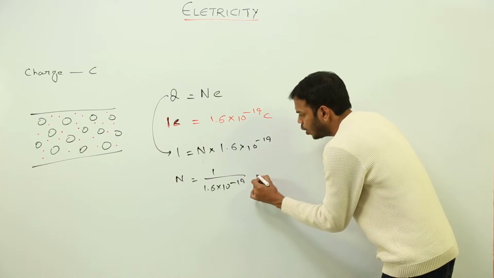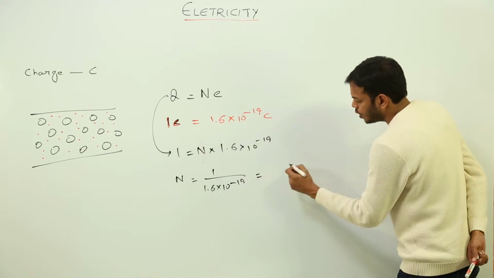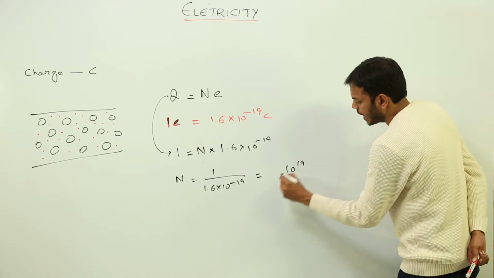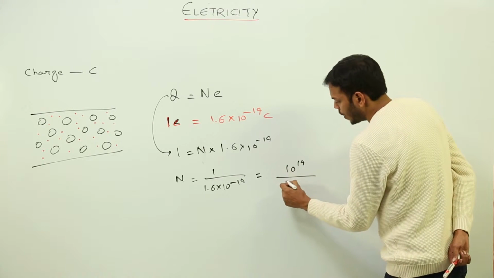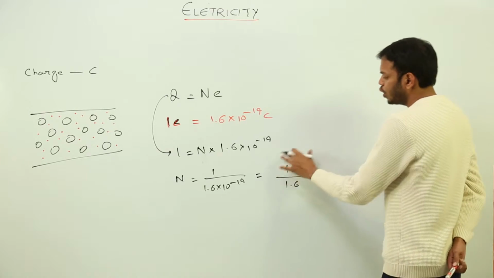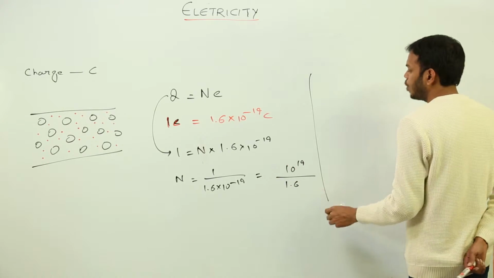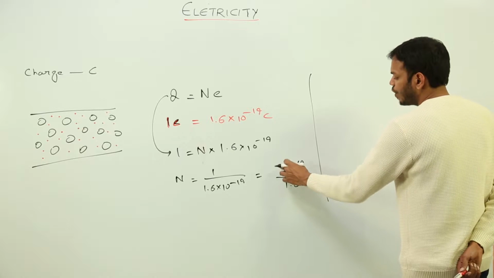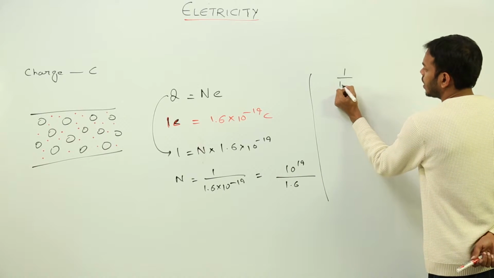How can we solve it? 10 raised to power minus 19 goes up and becomes 10 raised to power plus 19. I am left with 1 upon 1.6. I am not going to disturb this 10 raised to power 19. I'll deal with 1 upon 1.6.